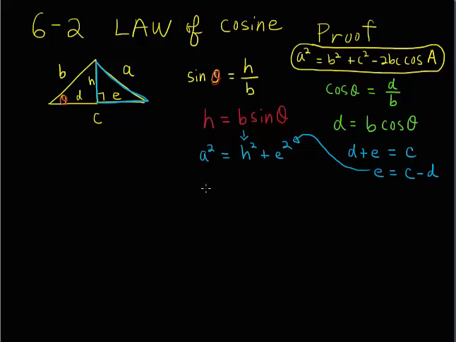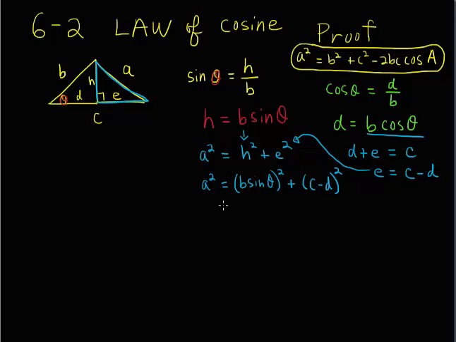So we're going to substitute those values as indicated by the arrow, and we're going to get b sine theta plus c minus d. Now it's interesting right here too, because we need to substitute the d value here for b cosine theta.